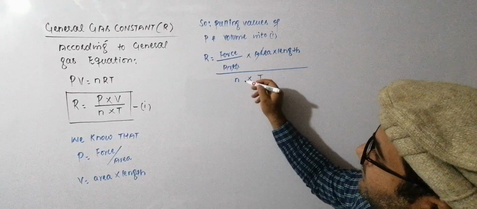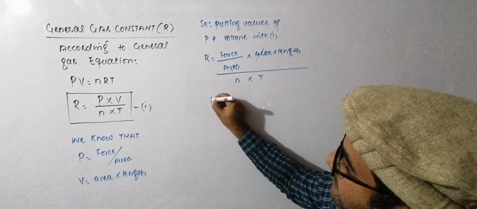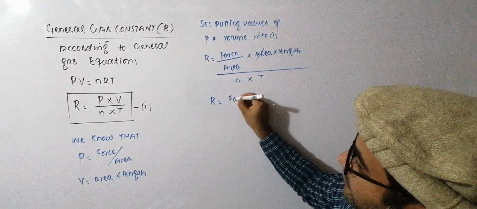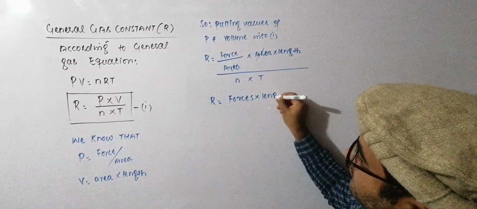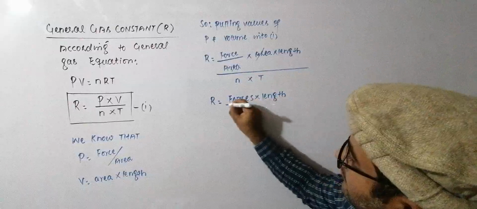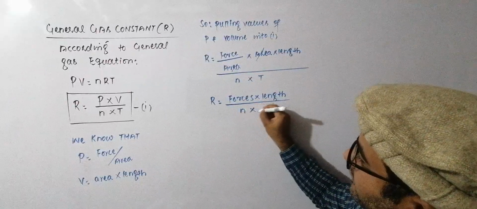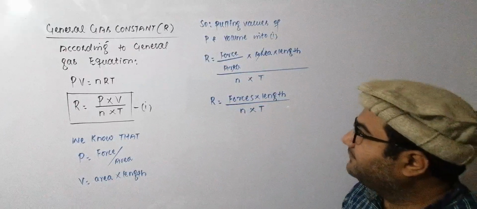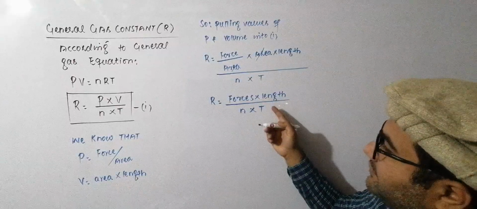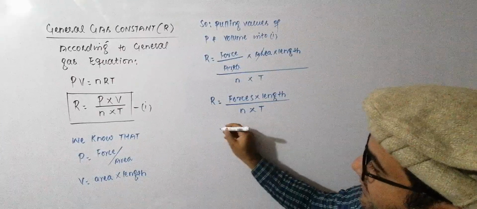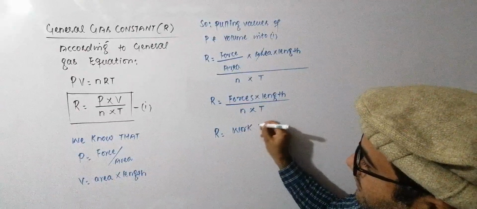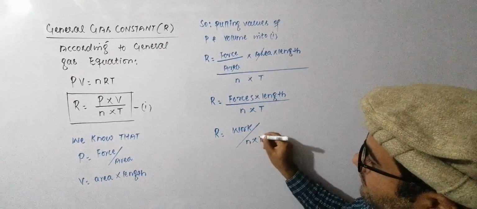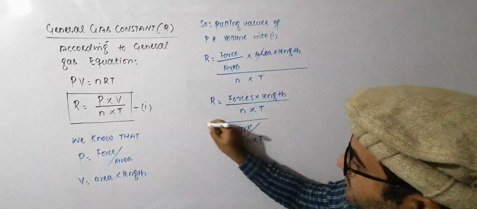Area is cancelled and R is equal to force into length divided by number of moles into absolute temperature. And we know that force into distance is work. So R is equal to work divided by number of moles into temperature.